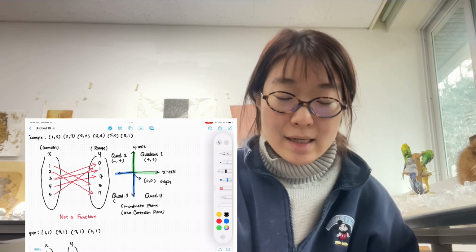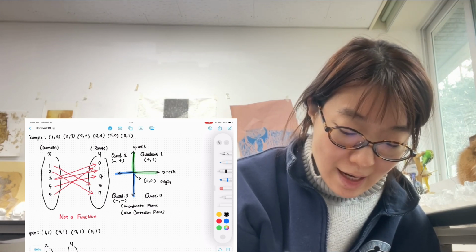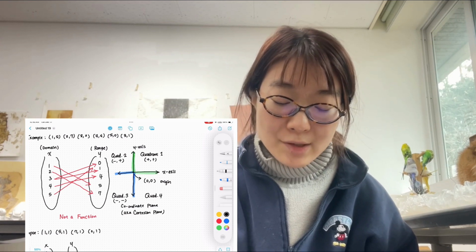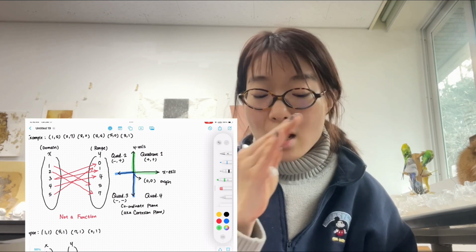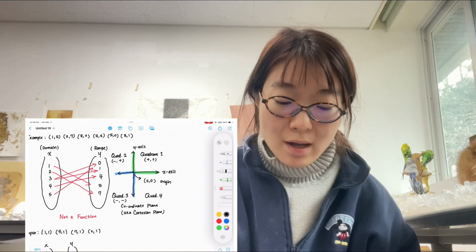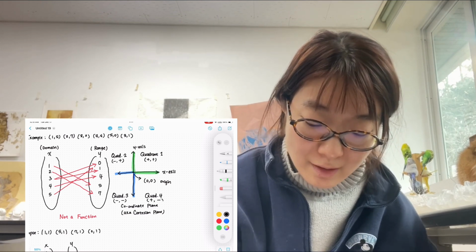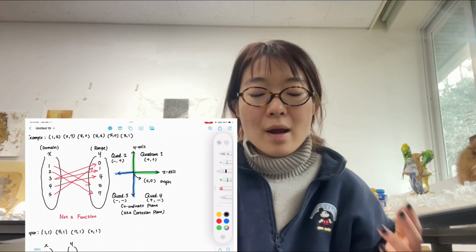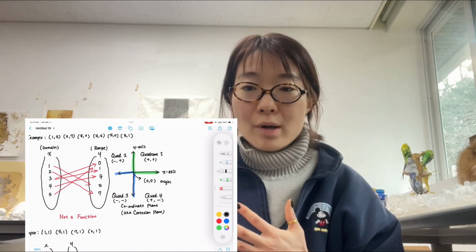So in quadrant 3, our coordinate points have negative x and negative y value. And finally, in quadrant 4, as you can see, our y values are all on the negative side, but our x values are all on the positive side. So therefore, when it comes to quadrant 4, we would have positive x value and negative y value. So I just wanted to go over some fundamentals of the coordinate plane before we proceed.